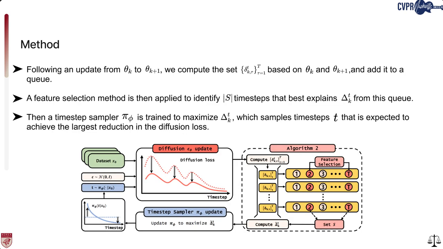Following an update from theta_k to theta_k+1, we compute the set of delta based on theta_k and theta_k+1 and add it to a queue Q. A Fisher selection method is then applied to identify S time steps that best explain delta from this Q. Then a time step sampler pi_phi is trained to maximize delta, which samples time step t that is expected to achieve the largest reduction in the diffusion loss.